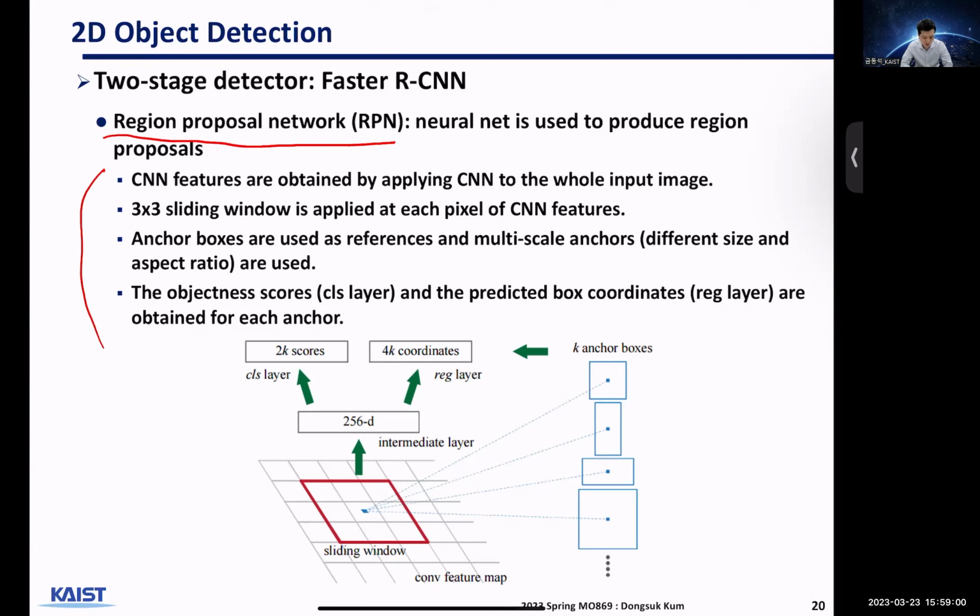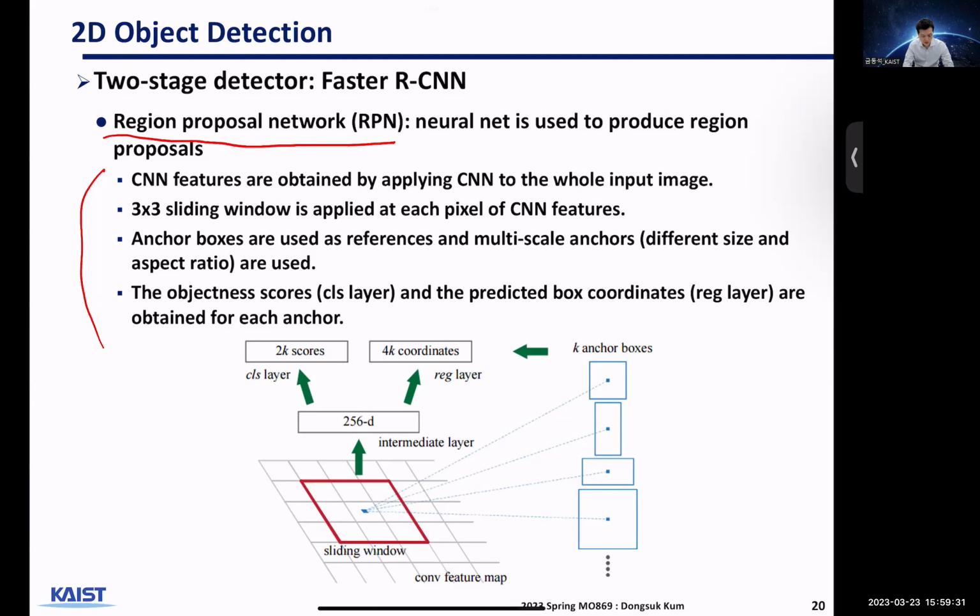CNN features are obtained by applying the CNN to the whole input image. A 3x3 sliding window is applied at each pixel of the CNN features. Anchor boxes are used as references, with multi-scale anchors. Objectness scores and predicted box coordinates are obtained for each anchor.